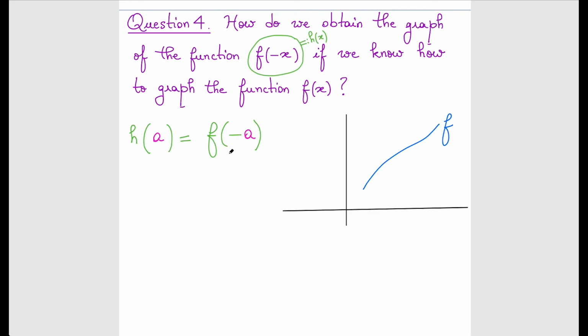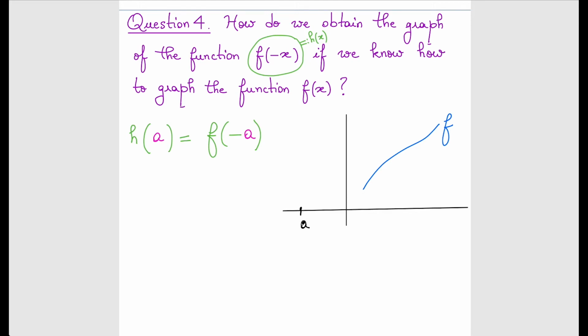So, just based on the picture, since f is only defined on this interval, I'm gonna take A to be negative, let's say, because I want to talk about f of negative A according to where f is defined, which is just on this side.